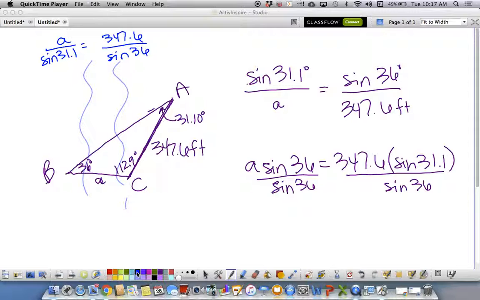I don't think I heard 5, but you make the determination on your own. How many sig figs should you have? The fact that we wrote it here, 31.1, 347.6, 112.9. How many sig figs do all the things that were given to you have?